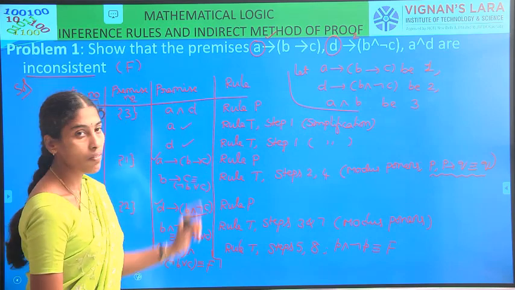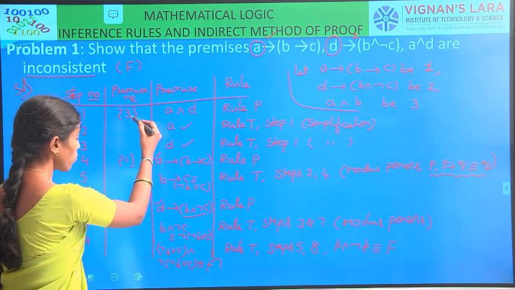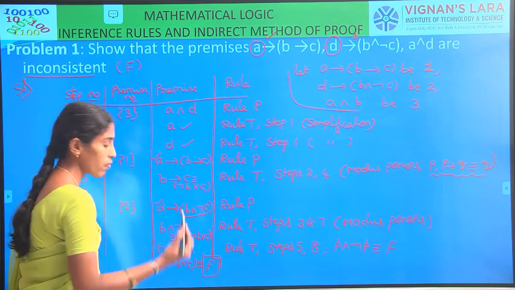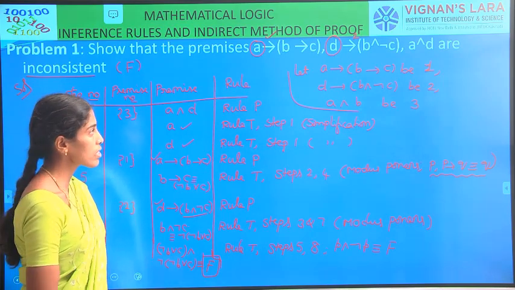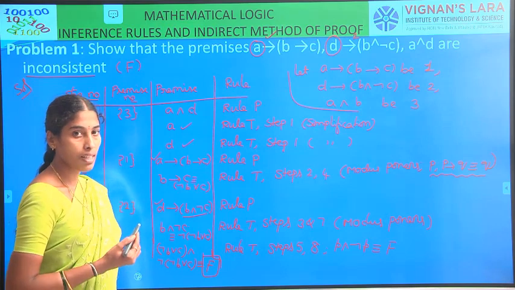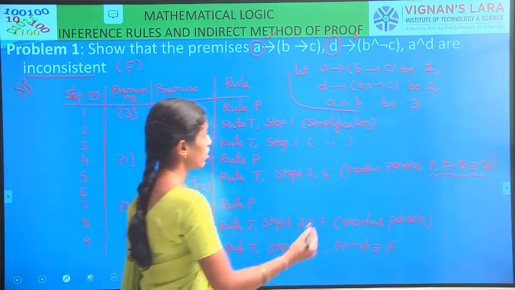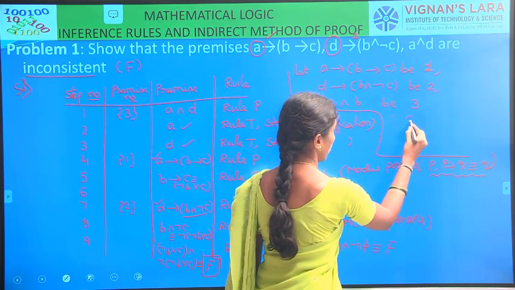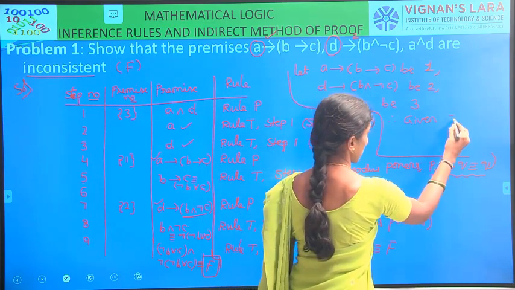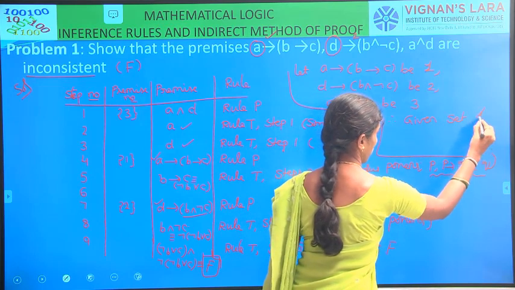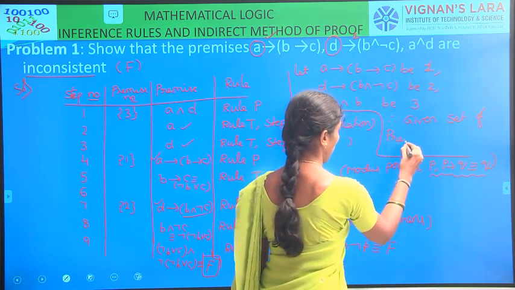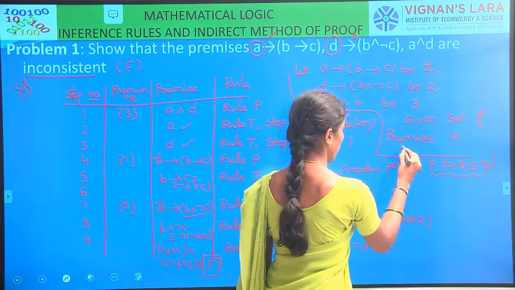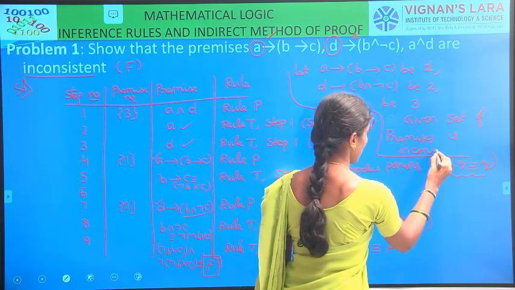So by using the given set of premises 1, 2 and 3, finally we conclude that it is equivalent to false. Therefore, the conjunction of the given set of premises is false. Therefore, the given set of premises is inconsistent.